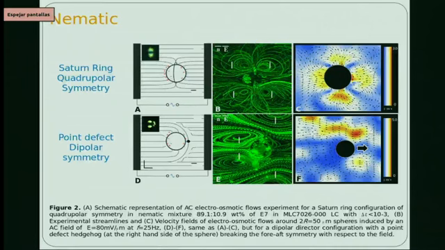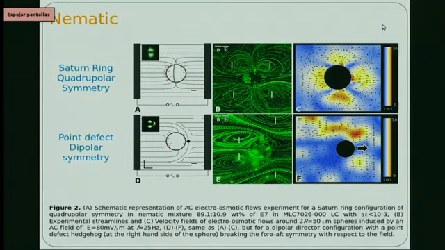What we saw is that the tracers start moving with the field and start describing these kinds of patterns around the particles. You can see that for the symmetric particle, the patterns are quite symmetric. This is the velocity field.